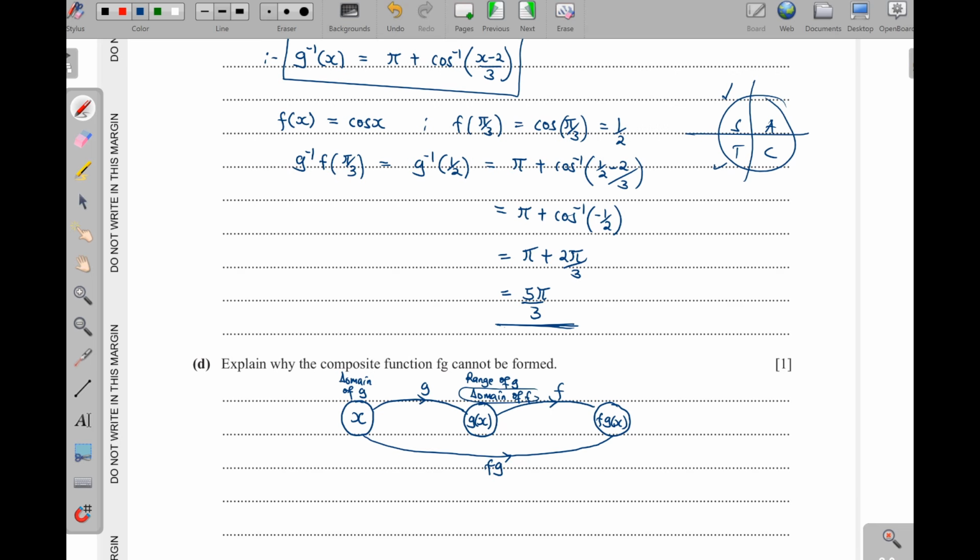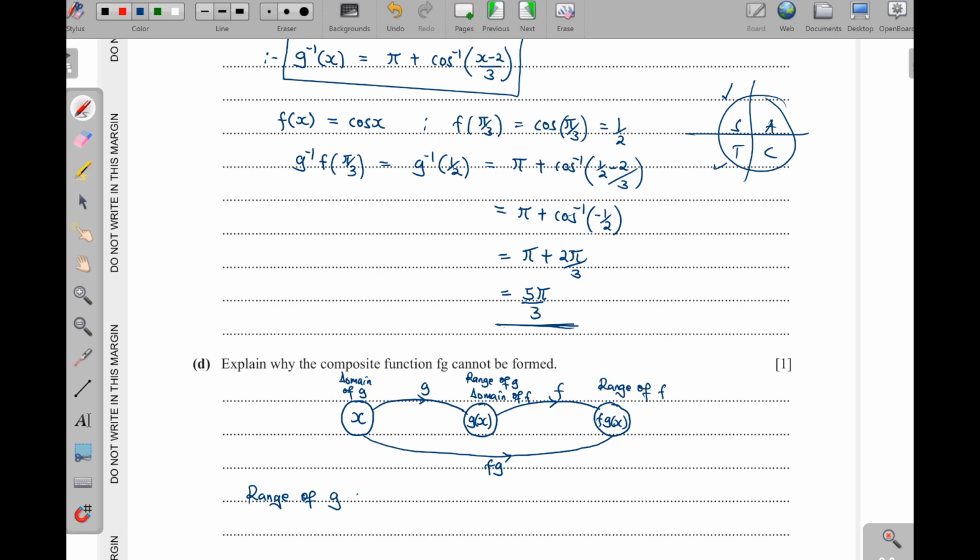What is here is the domain of f. Then what comes out here is going to be the range of f. So explain why the composite function fg cannot be formed. Now, let's look at the range of g.